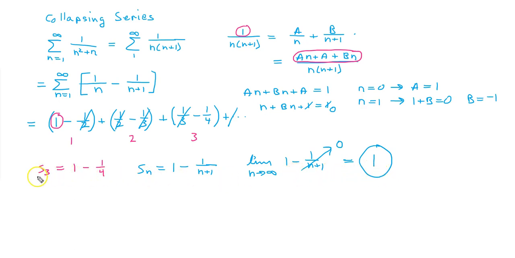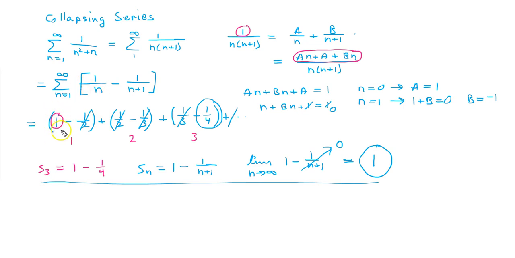Now, normally you don't need to do this down here for the problems that we'll encounter. Normally the leftover terms out here are going to be going to 0 as n goes to infinity. And so you just need to find the terms at the beginning that don't cancel out, and that's what your answer is going to be.